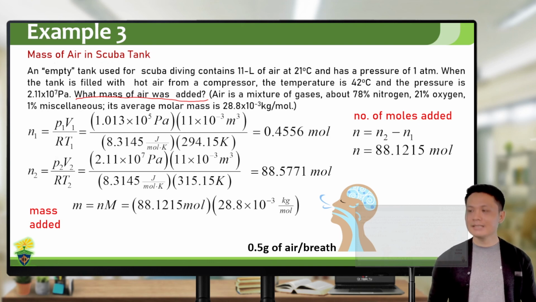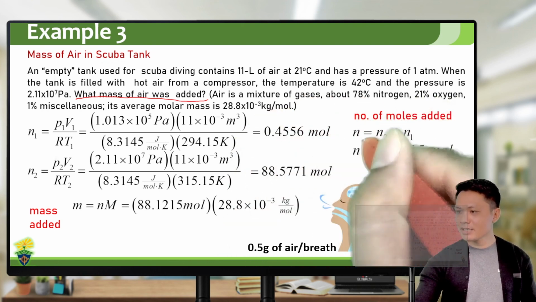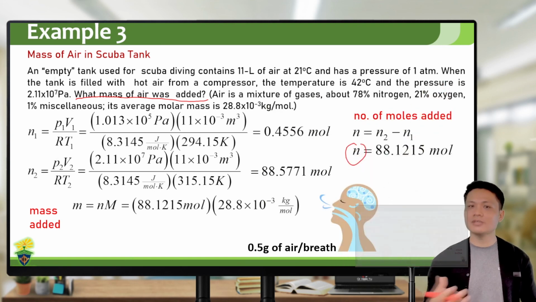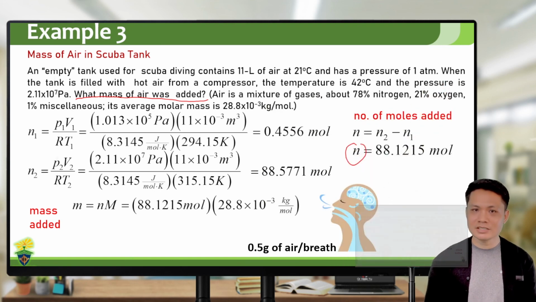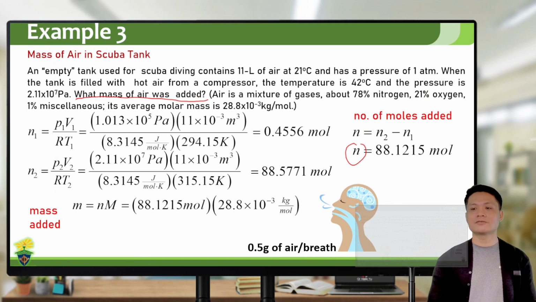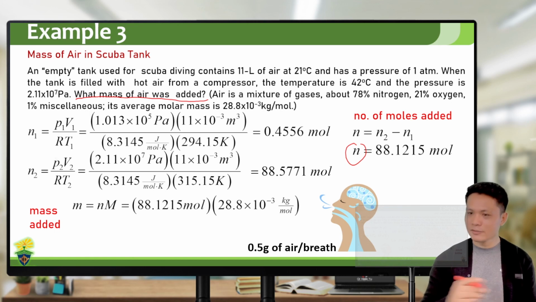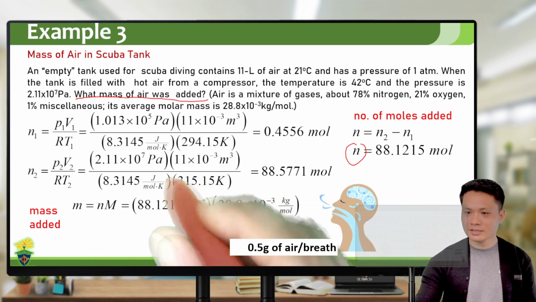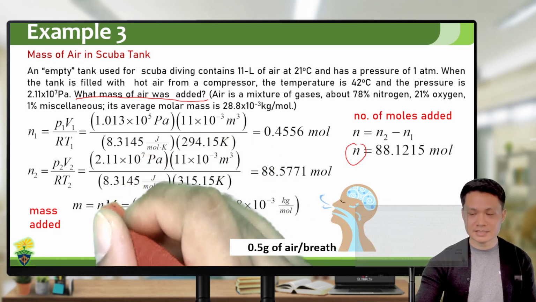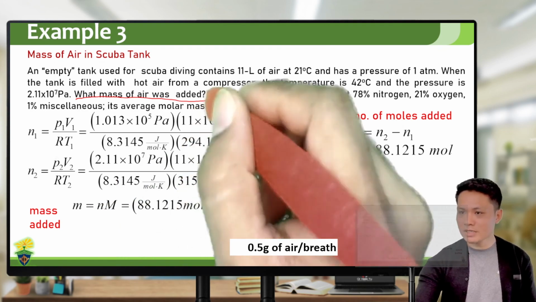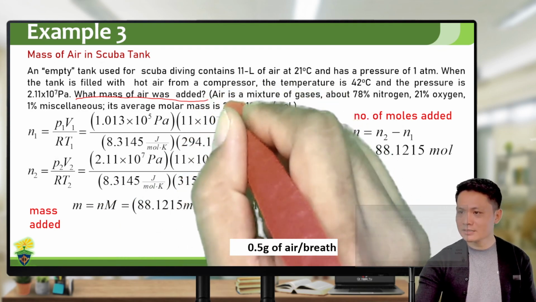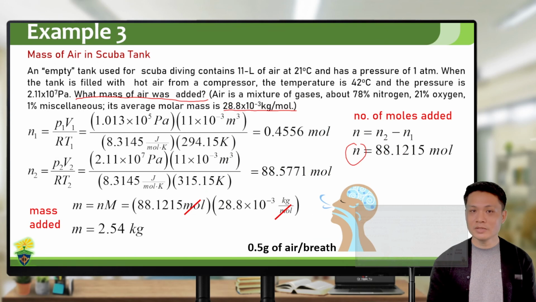Remember, n is just the ratio of the mass of the substance and 1 mole of that substance. So, we simply use the given values. We have this number of gases and the molar mass of that gas. Then we will have a value of the mass equal to 2.54 kilograms.